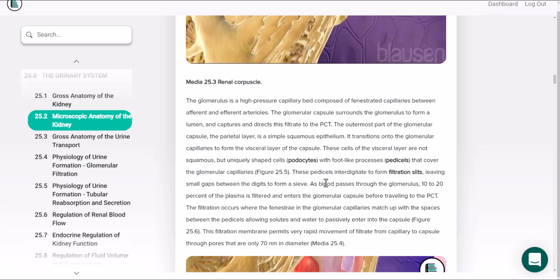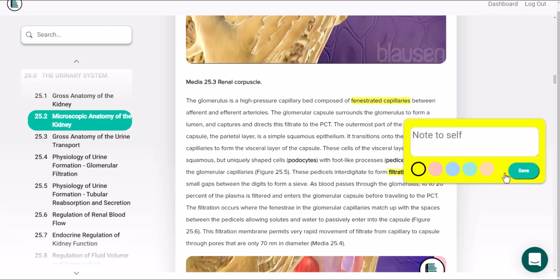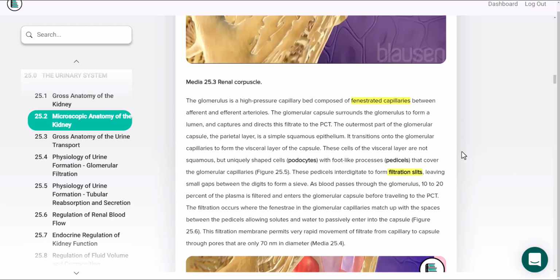Now, when blood passes through the glomerulus, not only do molecules need to be small enough to get through the fenestrated capillaries, but everything getting filtered out must be small enough to also go through the filtration slits. So as the kidneys are filtering, they're filtering through the openings of the fenestrations and through the openings of the filtration slits.